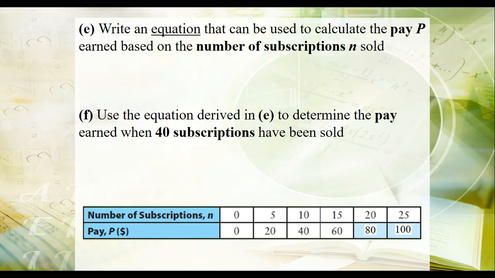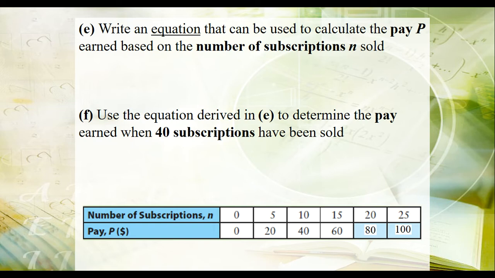Okay, E says write an equation that could be used to calculate the pay based on the number of subscriptions that are sold. So what it's asking us for is to write an equation we could use to calculate P, what the pay is.